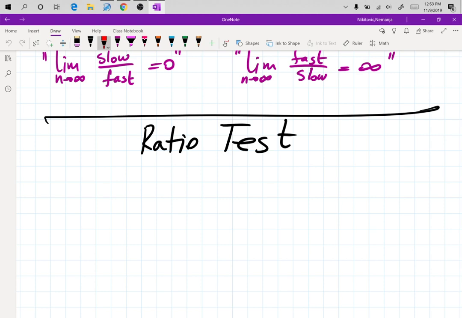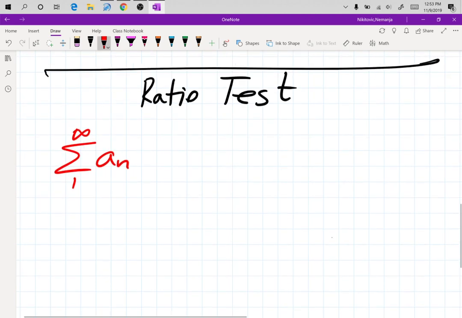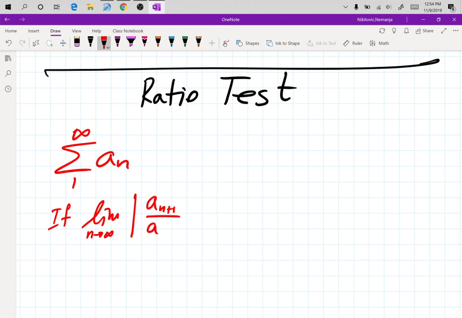So what is the ratio test? You have some summation a_n from, let's say, 1 to infinity, 0 to infinity, I don't care. It says, if the limit as n goes to infinity of the absolute value of a_(n+1) over a_n is less than 1, we have convergence.